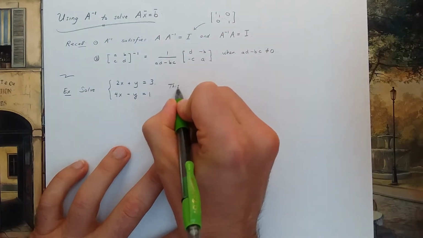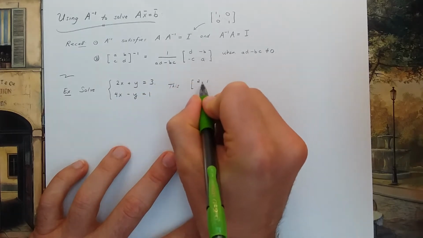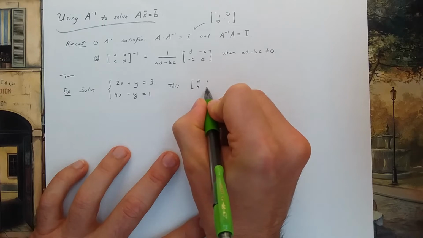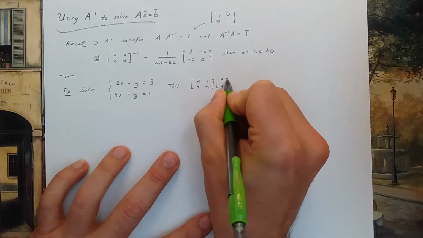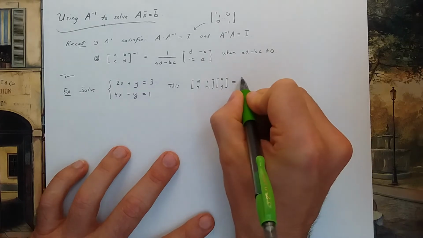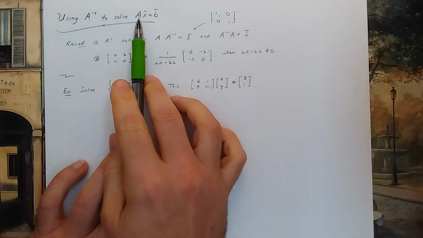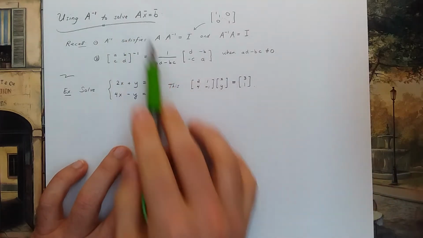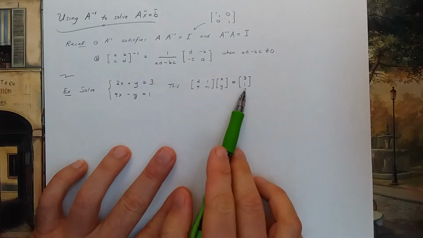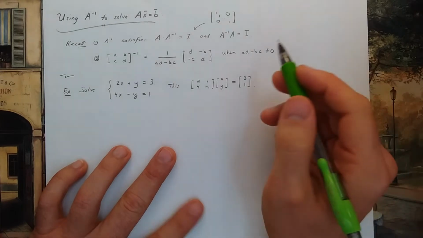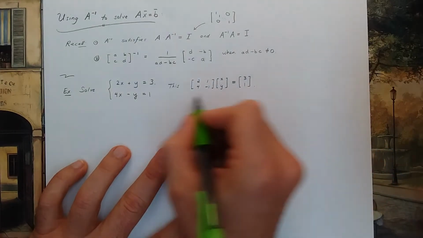So this is the same as writing the matrix multiplication [2, 1; 4, -1] times the column vector (x, y), and that should equal (3, 1). That's writing my system in this form: a matrix A times a vector x of unknowns equals a vector b of constants. I will now multiply both sides by the inverse matrix.